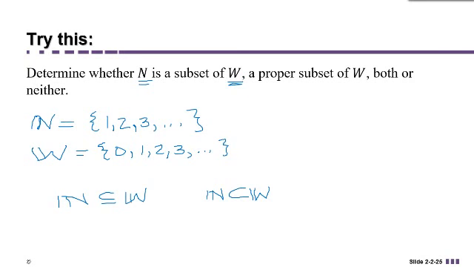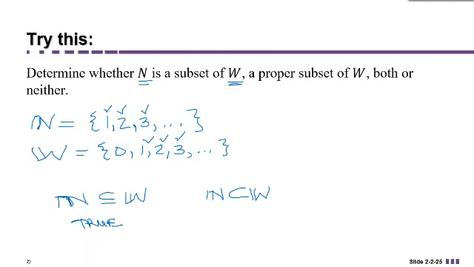In order to be a subset, that means that the natural numbers would be contained in W and possibly equal to W. So if you look at the set of natural numbers, it starts with the number 1, which is in W, 2, which is in W, 3, which is in W, and it continues on in that way. So it would be true to say that the natural numbers are a subset of the whole numbers, yes?